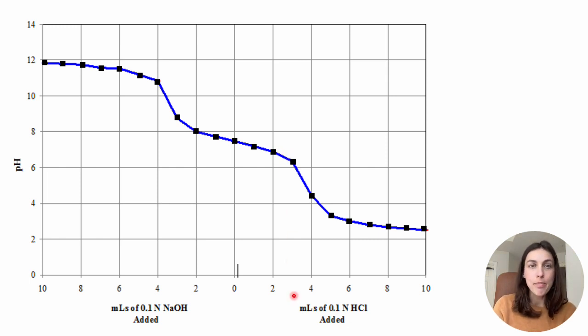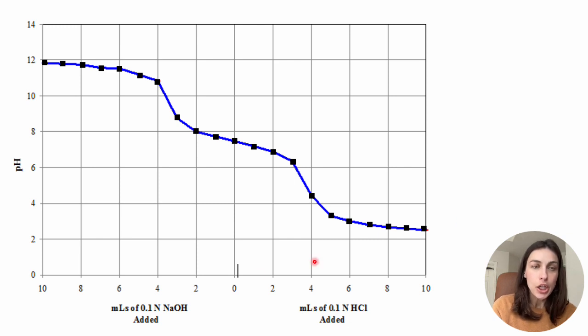So you would say that the buffering capacity for this particular buffer would be 2 milliliters of NaOH, the base, and 3 milliliters of hydrochloric acid. Okay, so your goal is to take your data that you collected in lab and make a graph like this one.